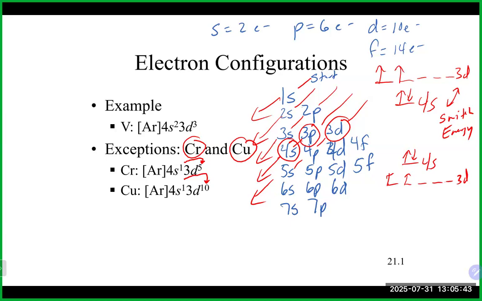So for chromium, it fills an electron in a parallel spin, Hund's rule type situation. It makes it a little bit more stable. In copper, it will pair off that d and also make it more stable, because that s orbital will then be higher in energy and actually have an unpaired electron, which will make it a little bit more stable.